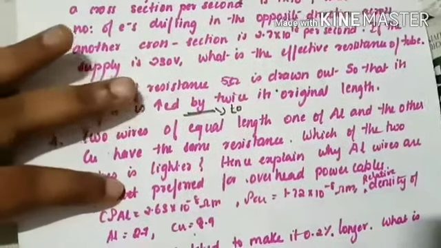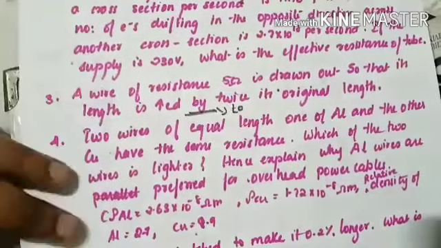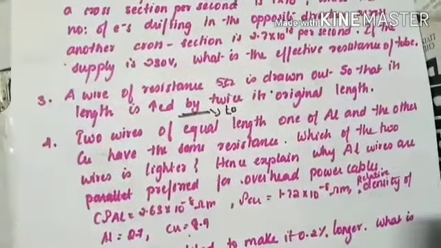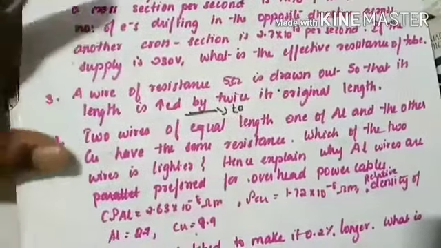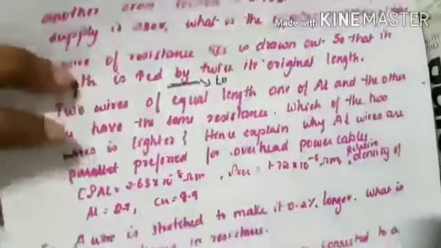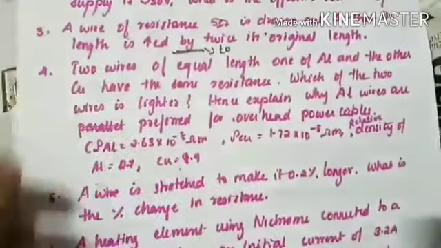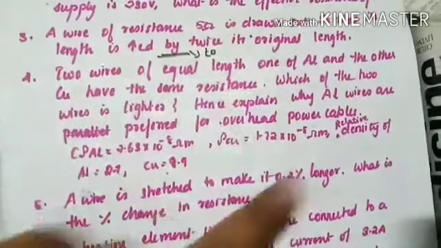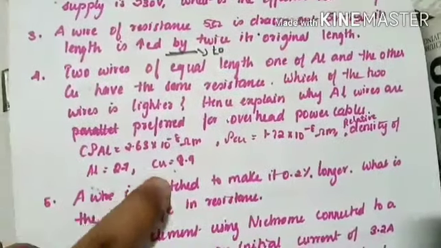So two wires are given, both their lengths are equal and their resistances are equal. Why one is preferred over the other, that is, the ratio of their masses, is the question, and some parameters are given as constants.